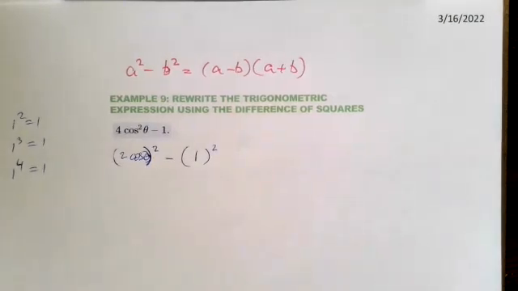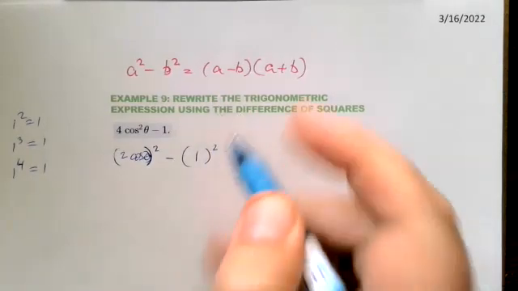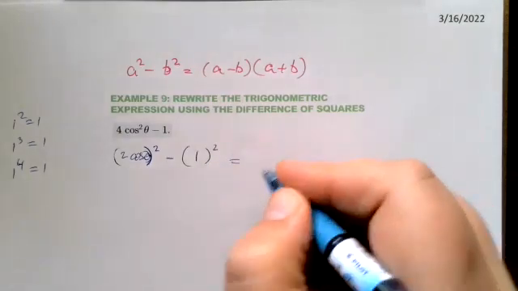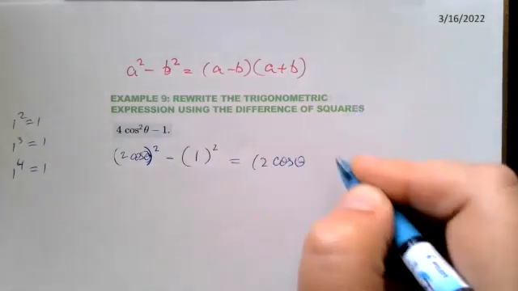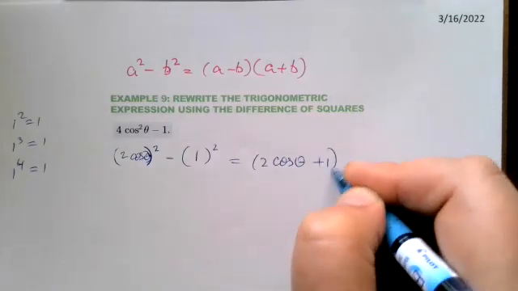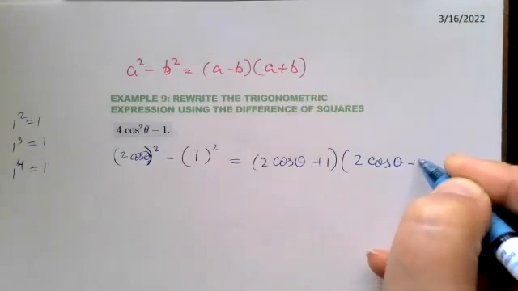All right. So how do we rewrite it as a difference of squares? Well, we're going to have 2 cosine theta plus 1 multiplied by 2 cosine theta minus 1.